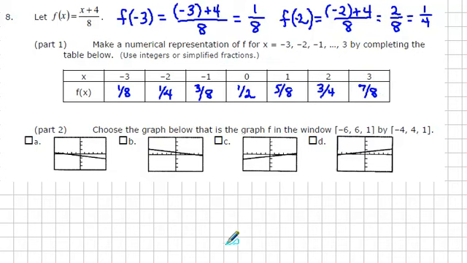In part 2, we're asked to choose the graph below that is the graph of f in the window -6 to 6 with an increment of 1 by -4 to 4 with an increment of 1. So these numbers here, the first -6, this is referring to the x minimum.